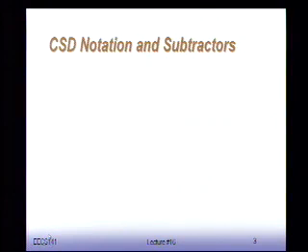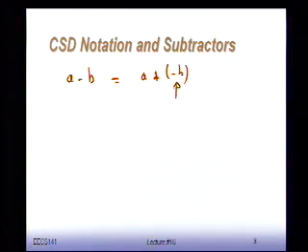Now, if I want to do A minus B, that is nothing else than A plus minus B. So to do subtraction, I could add the negative value of the B input to A. Now minus B, if we are in 2's complement notation, we know exactly what it is. To get from B to minus B, how do we go from positive to negative? What you have to do is invert all the bits and add 1.